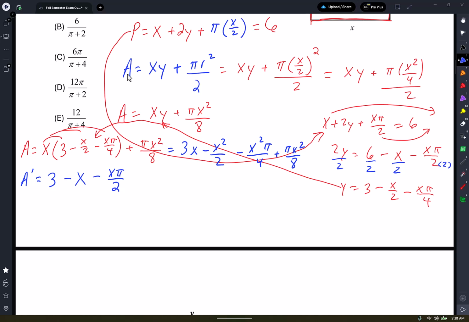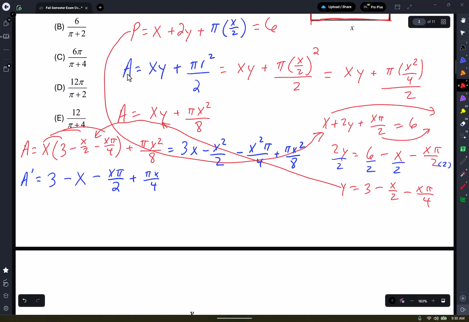Does everyone see that? Plus, let's make sure we're correct. I don't see any mistakes. Let me make sure. Yeah, we're good. 2 pi x over 8, which reduces to pi x over 4. Maybe I should have left it as over 4, the other one, but oh well.